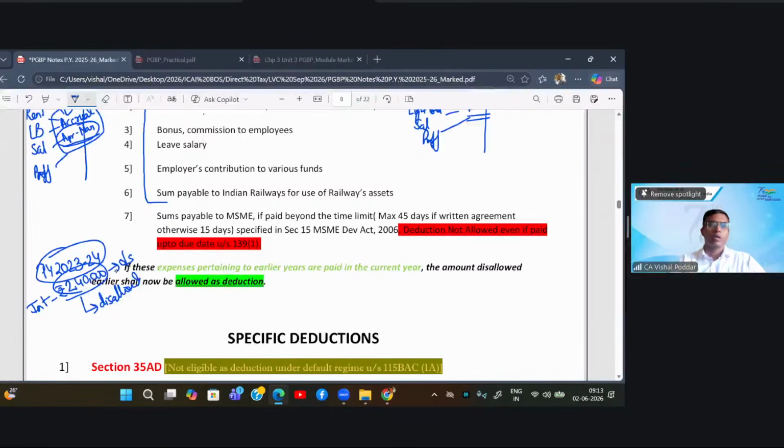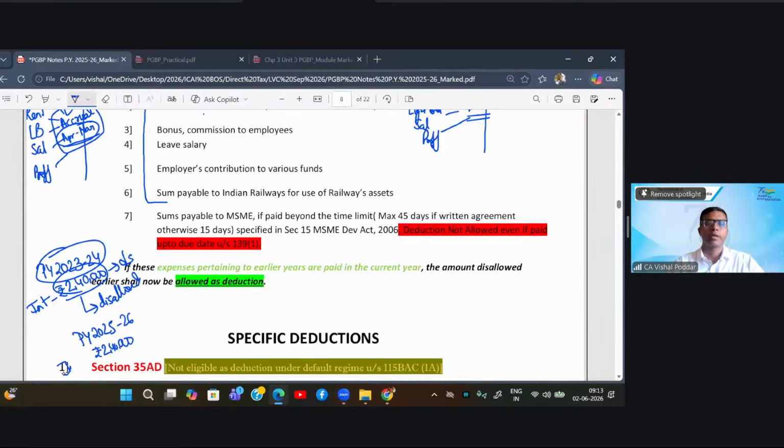Now, fast forward coming to the current year 25-26. This year, since now you had some money available with you, you decided to pay this.